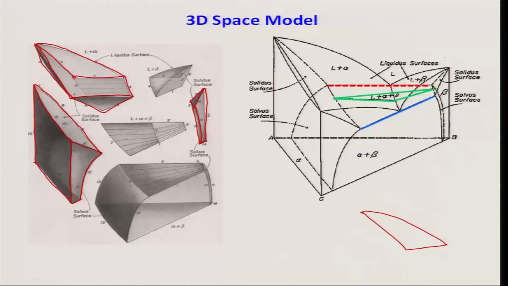It is quite complex. On the other hand, liquid plus beta is much simpler. It is like a pyramid, but angular.